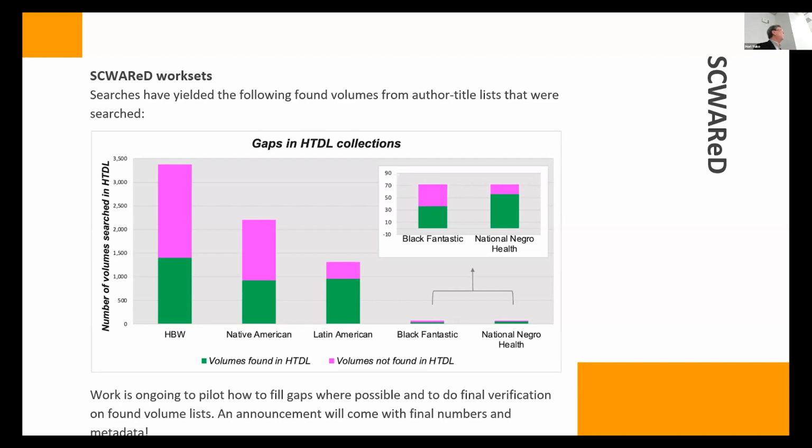And we have bibliographies, lists of books that we know exist. And the purple, the pink color, are the copies that we know are not in the digital library. So we need to come up with a mechanism to work with the libraries, to work with scholars, to get copies into the HathiTrust. And that is one of the goals of the project.